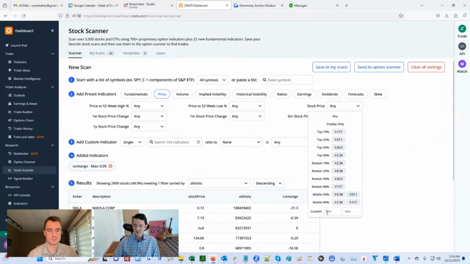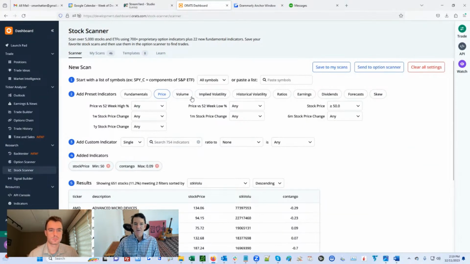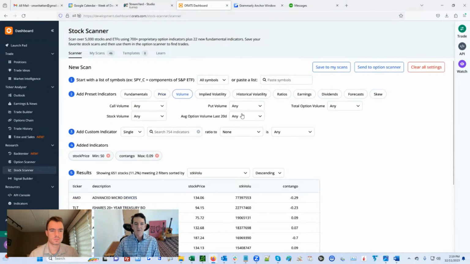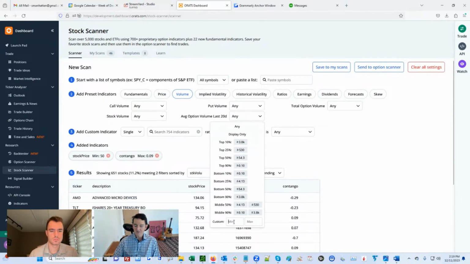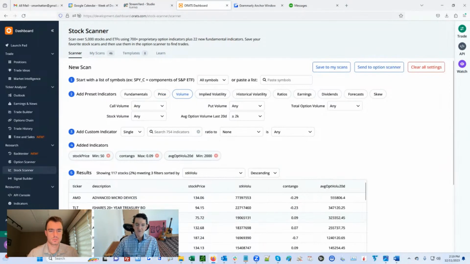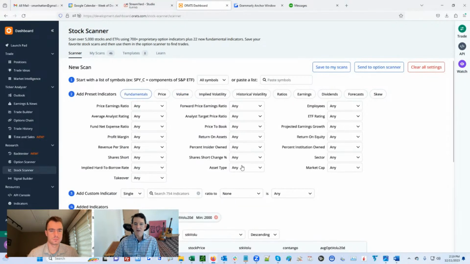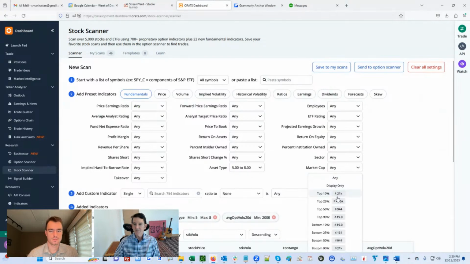I like them over $50 for ETFs that we're going to be finding. Volume, so I want option volume for at least over 2,000 contracts. Again, I want to look for an asset type of ETFs like we looked at before. Maybe some high market cap in there wouldn't hurt.